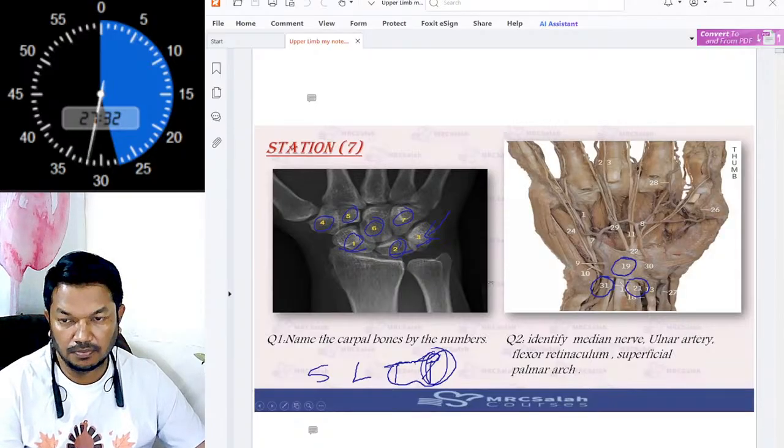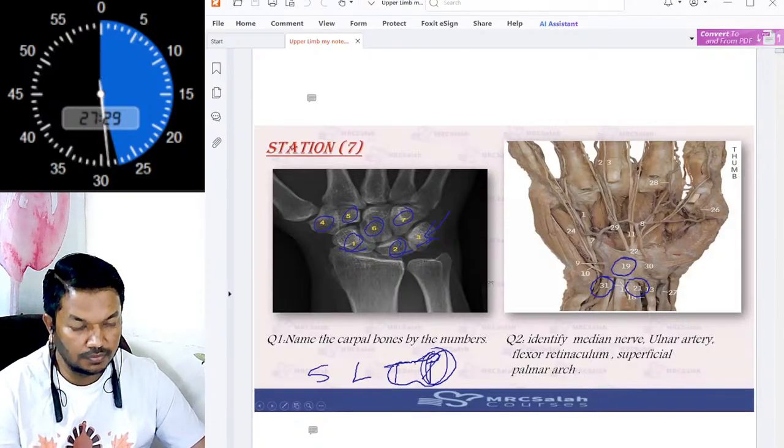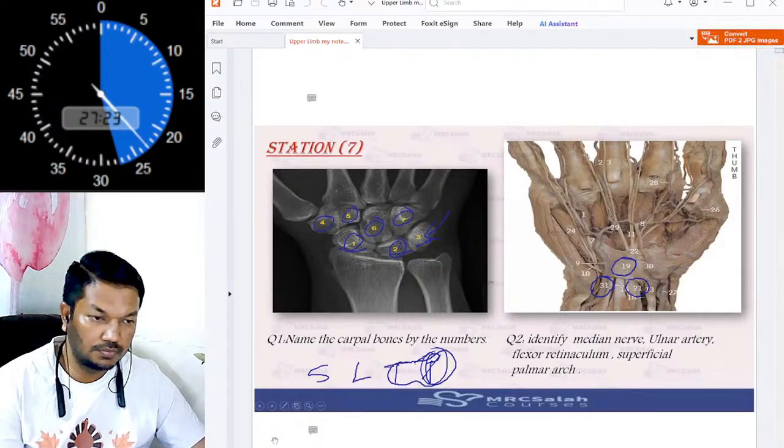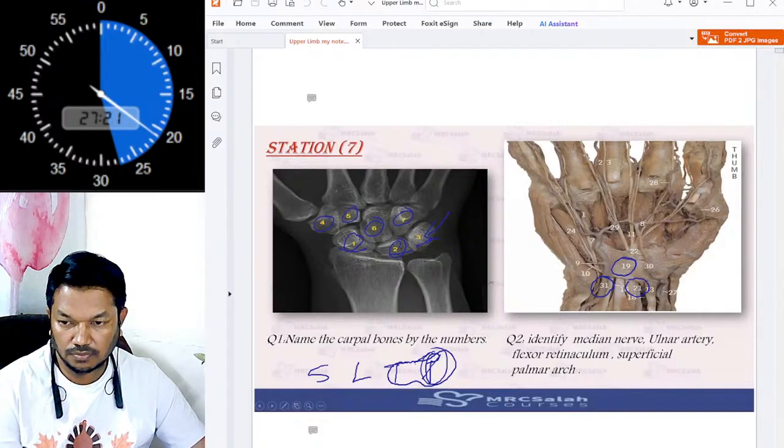Number 21 is the median nerve, 31 is the ulnar artery, 29 is the superficial palmar arch, and 19 is the flexor retinaculum.